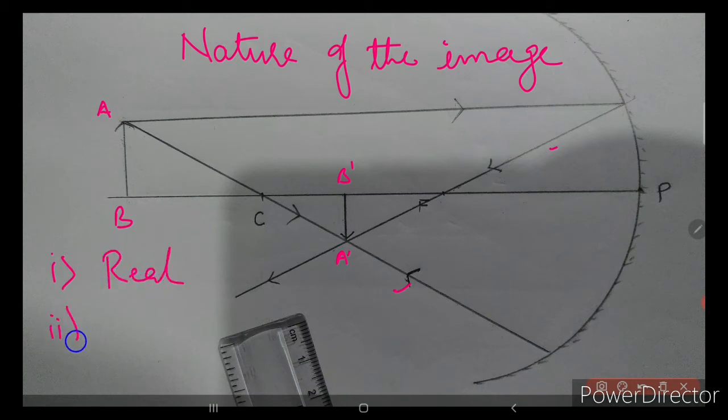Number 2, it is inverted. Number 3, there is no space, so I am writing it here. Number 3, it is diminished. In point number 3 we are supposed to write about the size, so it is diminished.